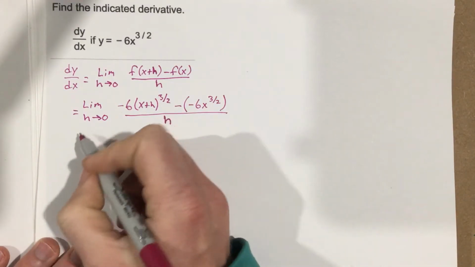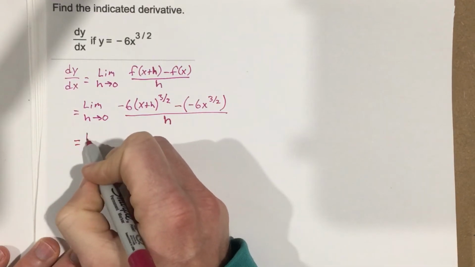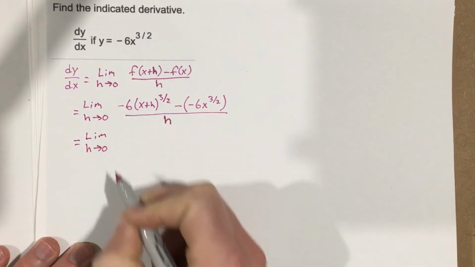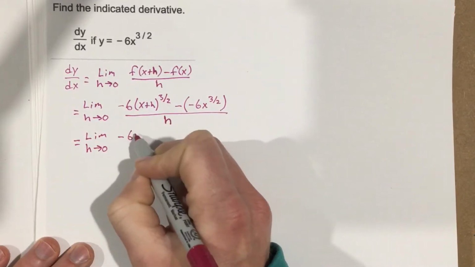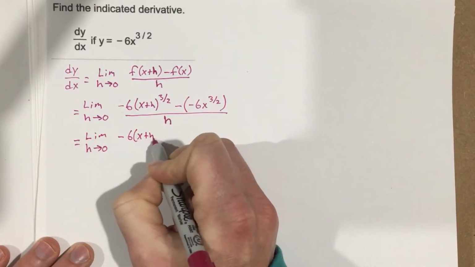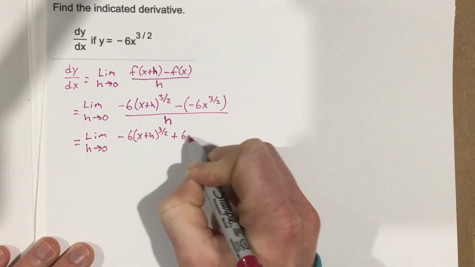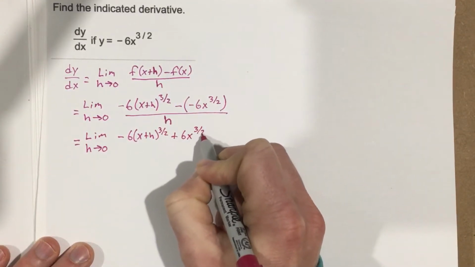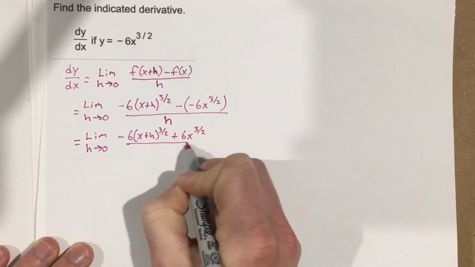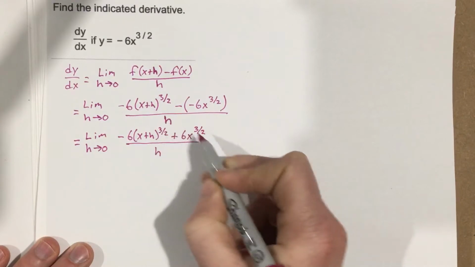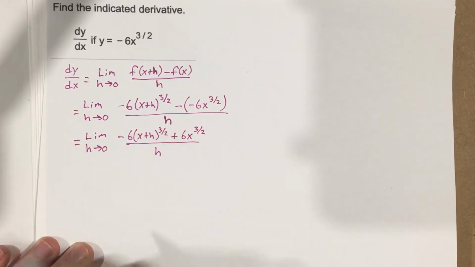So let's go ahead and say that this is now limit as h approaches 0 of negative 6 x plus h to the 3 halves plus 6x to the 3 halves all over h. Now you have to recognize that although we have exponents here, these are radical exponents.